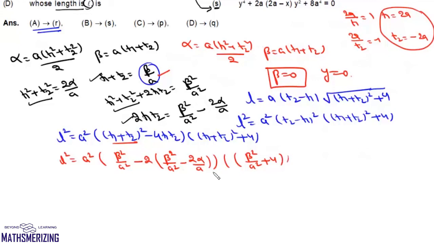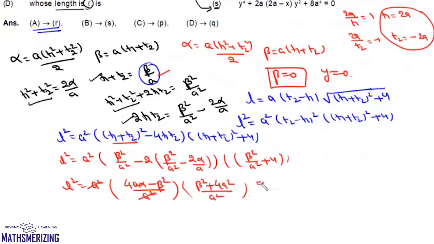Now we'll take the LCM and simplify. We'll write this as L square equals a square, and it will be (4a alpha minus beta square) upon a square, times (beta square plus 4a square) upon a square.